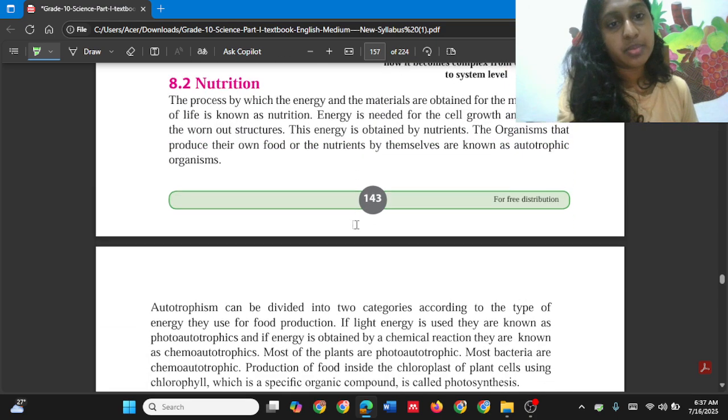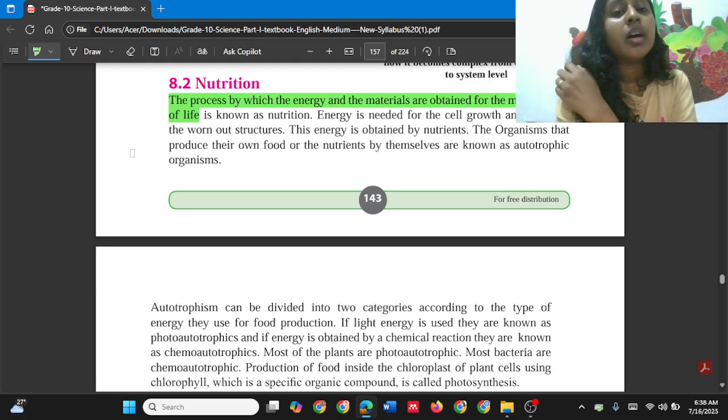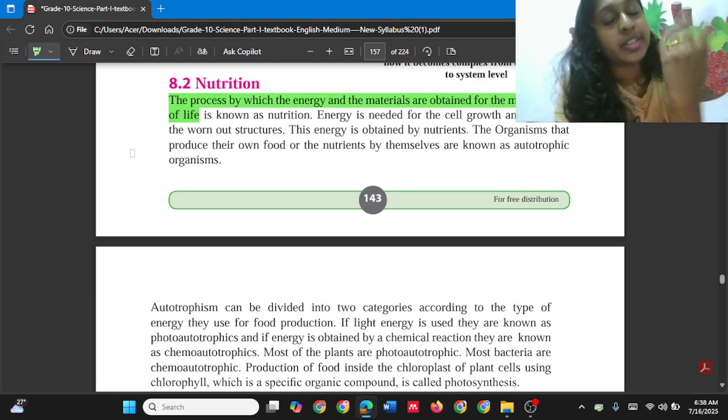Okay, nutrition. The process by which the energy and the materials are obtained for the maintenance of life is known as nutrition. To maintain life, we take energy or materials.